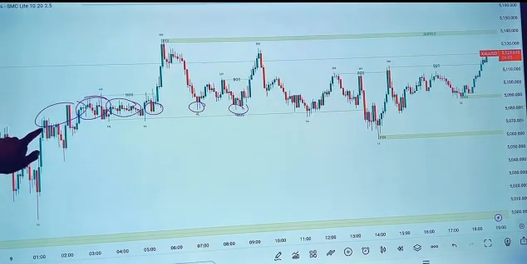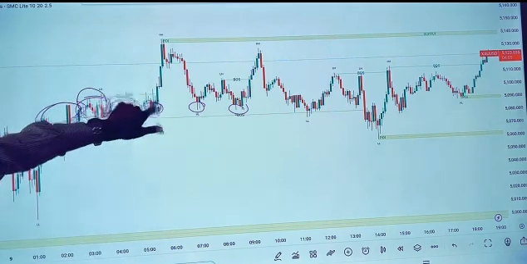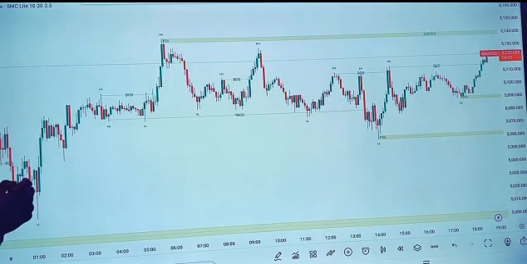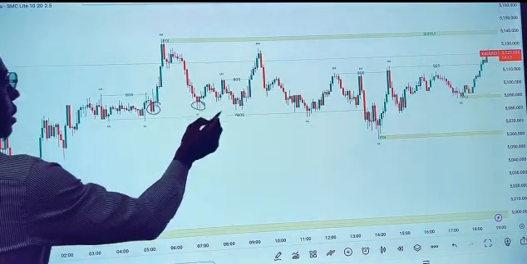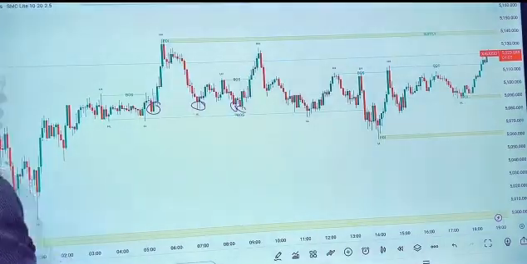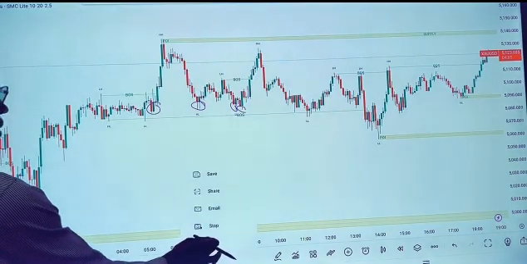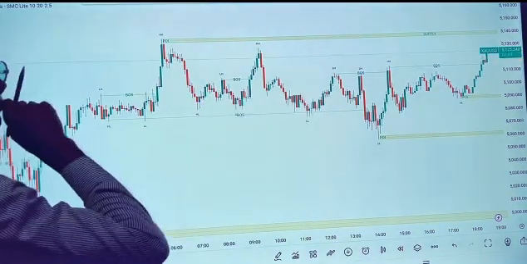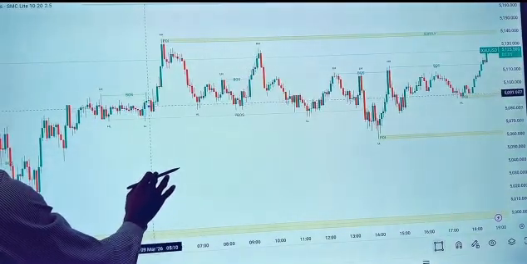If you see this zone is a rejection area, this zone is also a rejection area. So we have this rejection here, this rejection here, and this one. Let's see if we can get something out of that zone. Let's draw our key zone.